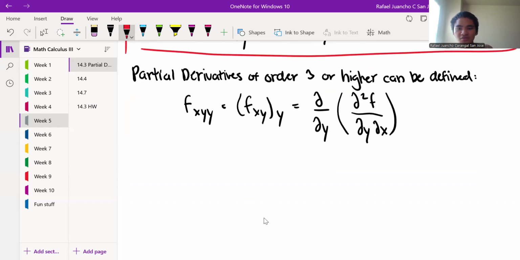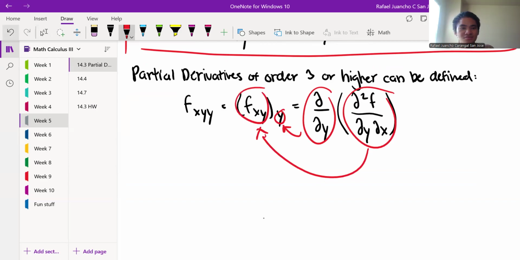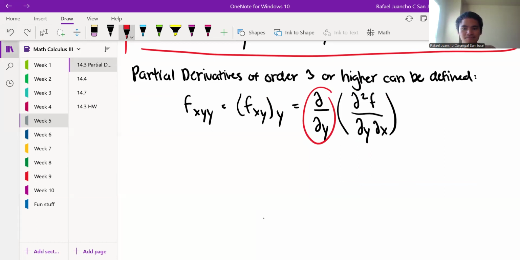Where is this coming from? This comes from this. And then this comes from this. Okay, so it's writing it in that notation. And then from there, here's the new notation.